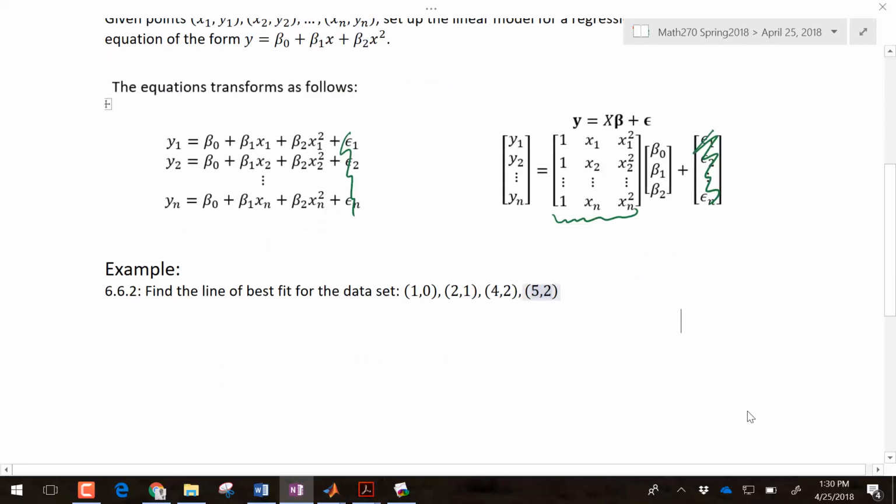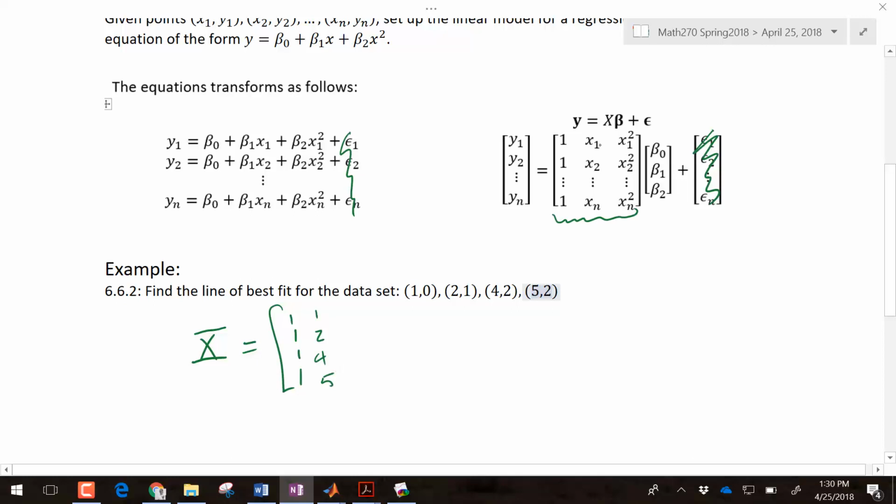Now, our design matrix should be full of ones again for the first term, because these are the coefficients of beta sub 0. Coefficients of beta sub 1 would just be the x values, 1, 2, 4, and 5.